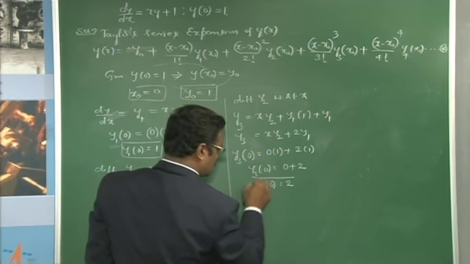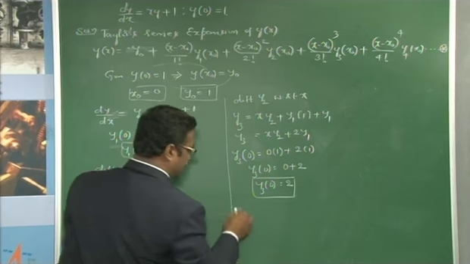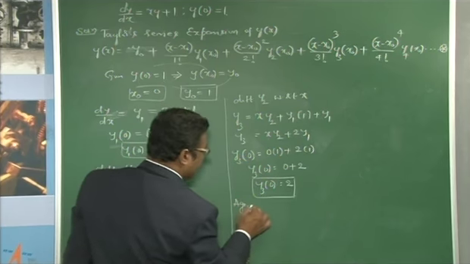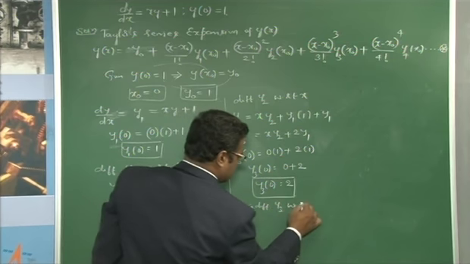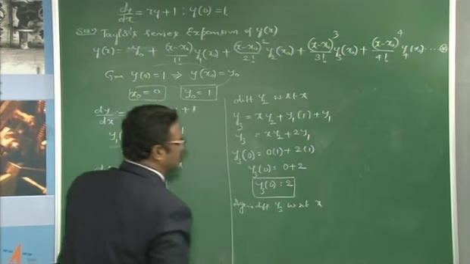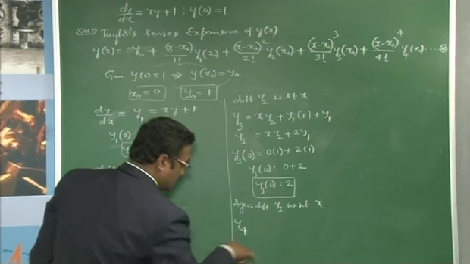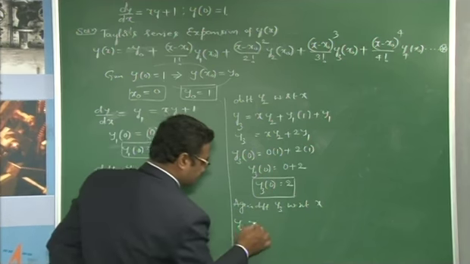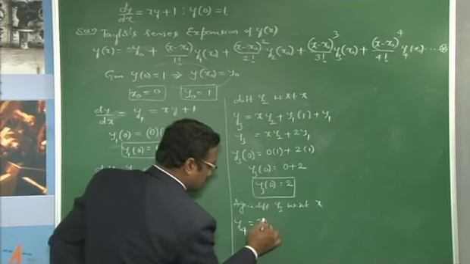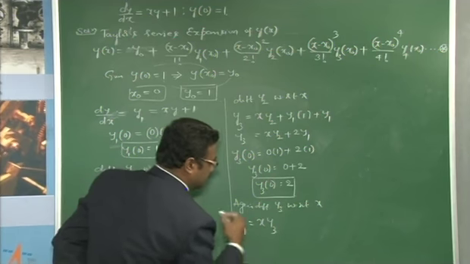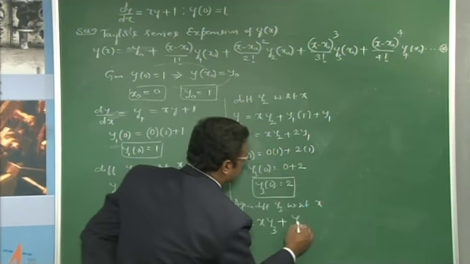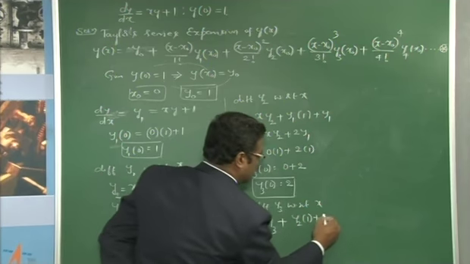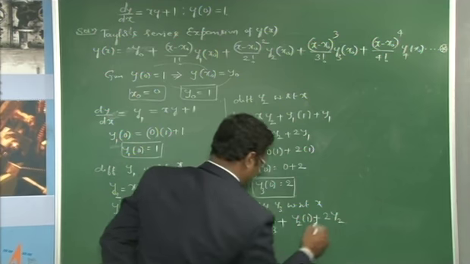This becomes 2. Then again differentiate y3 with respect to x, and it gives y4. Apply the product rule, first into second plus second into first, plus 2y2.